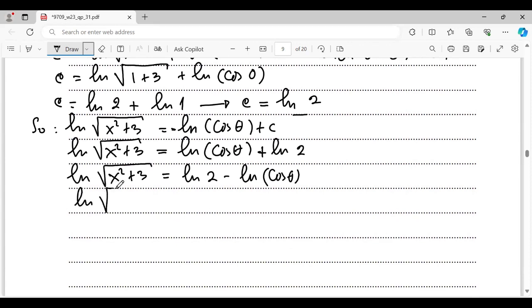Becomes ln square root of x squared plus 3 equals ln, based on the ln rule, 2 over cosine theta.